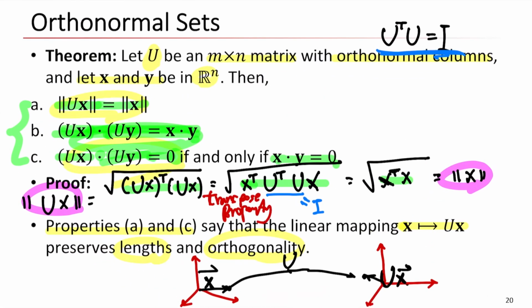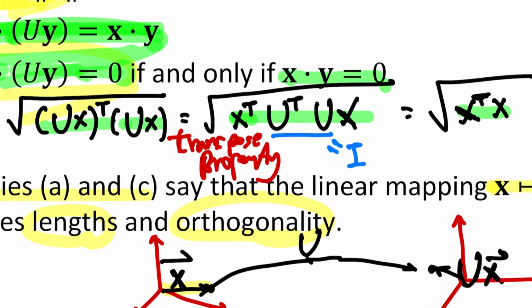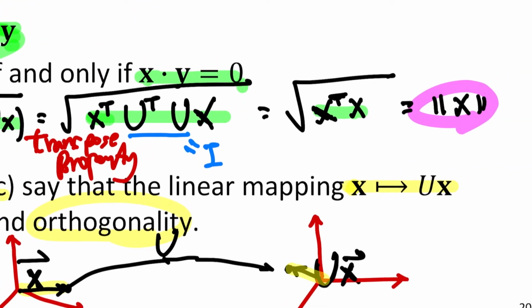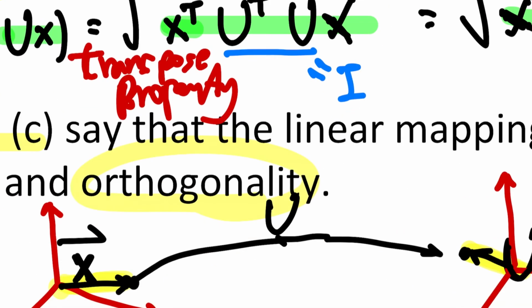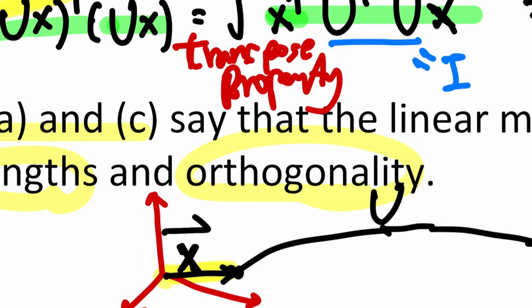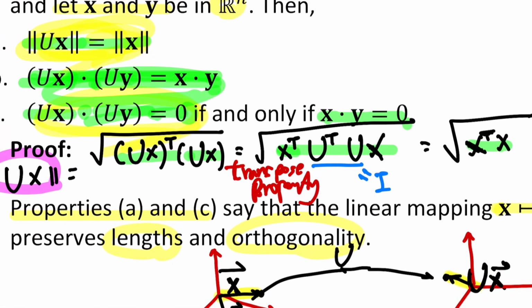From this theorem, the length of this one is equal to the length of this one. So in the transformed space, the length of this vector is equal to this one, right? From this definition, and from this one, let me say there's one more vector, y, and let me say that there is a projected Uy here.